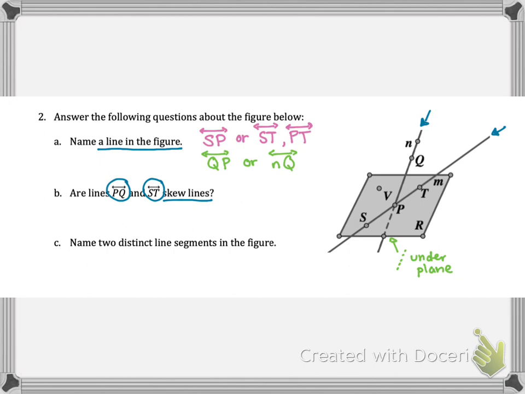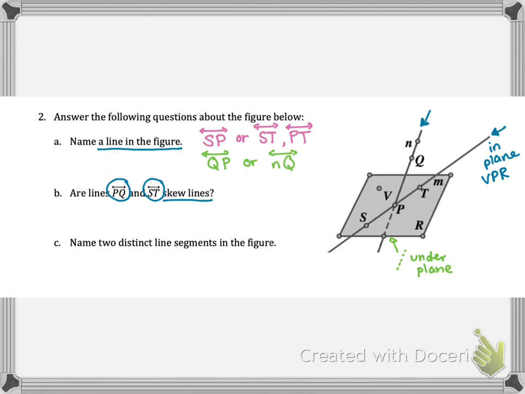Okay, well, that's true because line ST is in plane, let's say VPR, but this line QP does not lie in plane VPR. It cuts through plane VPR. So the first part is accurate. These lines are not in the same plane.